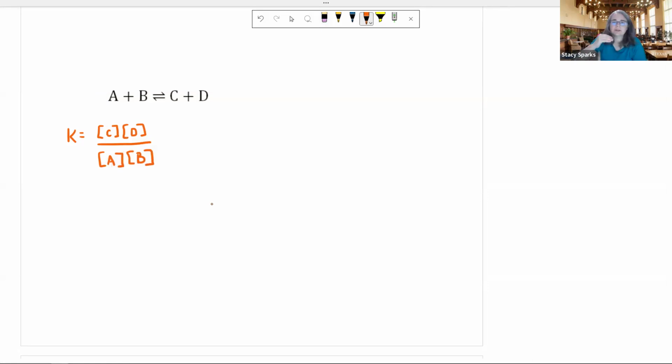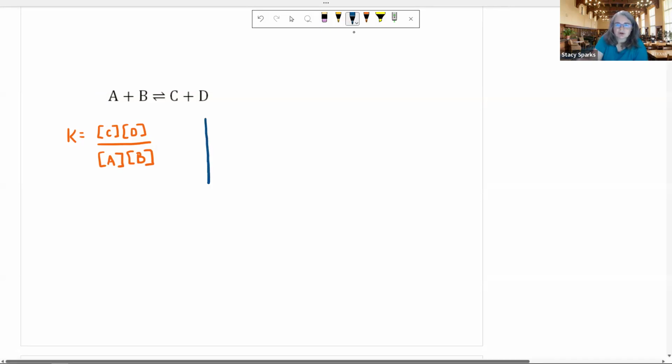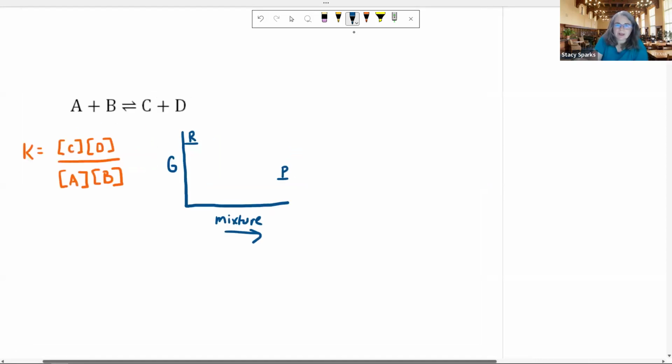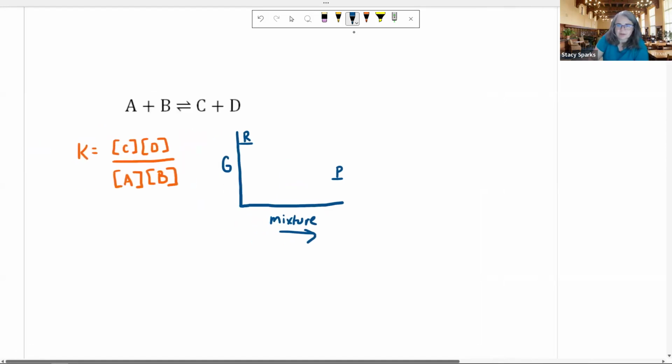Okay, when we looked at these in general chemistry, we looked at some charts that looked like this. We had free energy on the left. We have our mixture changing as we go to the right. And so we have reactants. At the left, it's all reactants, and at the right, it's all products.